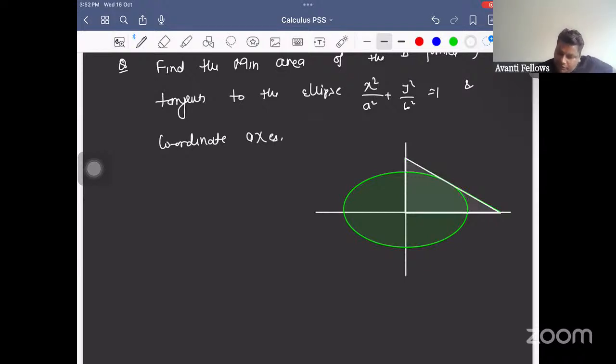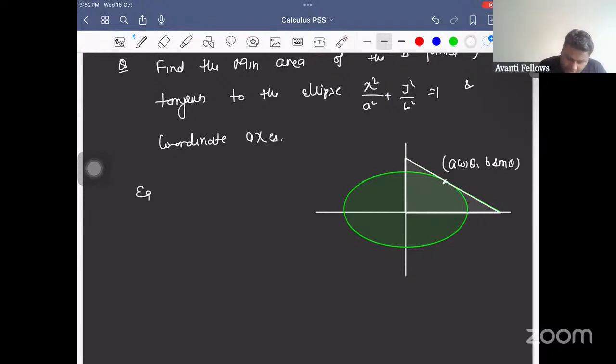Am I clear? So now let us take a point on this ellipse, that is A cos theta, comma B sin theta. Now in 11th class coordinate geometry, we must have studied about the equation of tangent at this point.